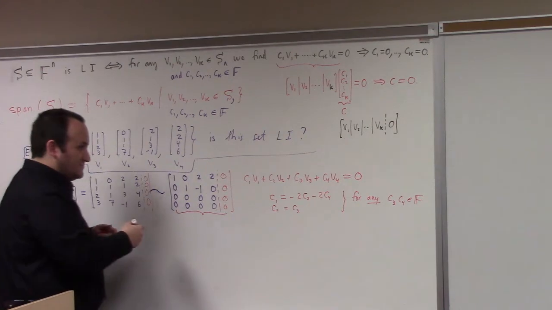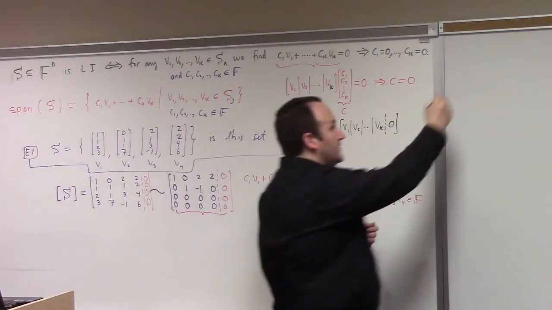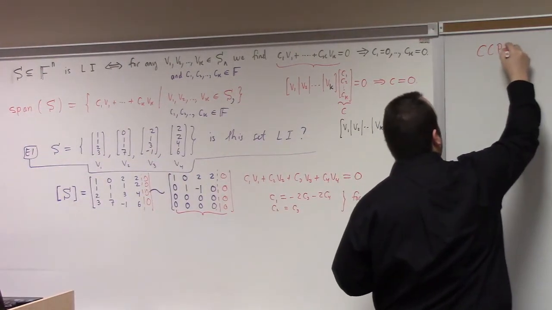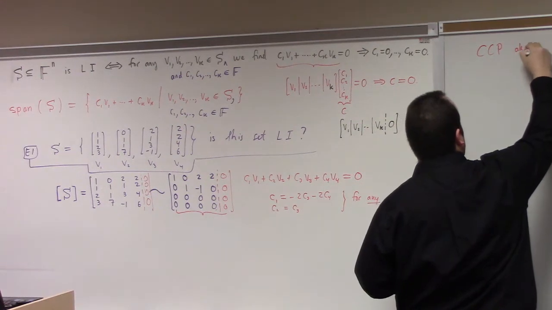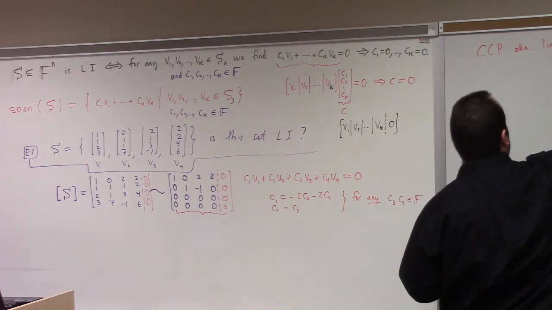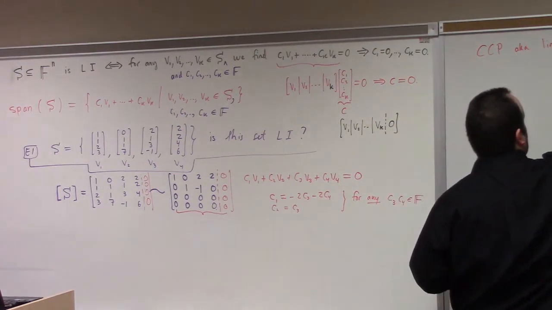In fact, the column correspondence property, the CCP, or linear correspondence, what's it say?